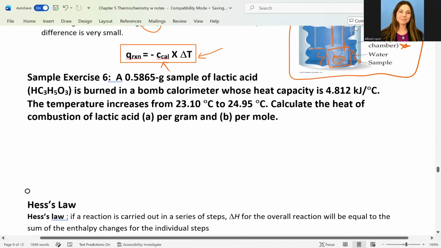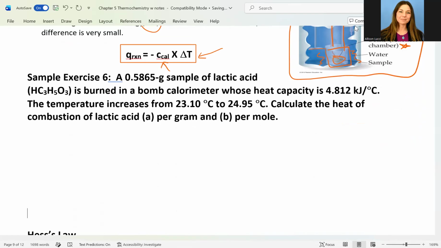So we see that we have 0.5865 grams of a sample of lactic acid, and that's the structure here for lactic acid. That's going to be burned in a bomb calorimeter, and we're given the heat capacity over here in kilojoules per Celsius of our bomb calorimeter, so 4.182.